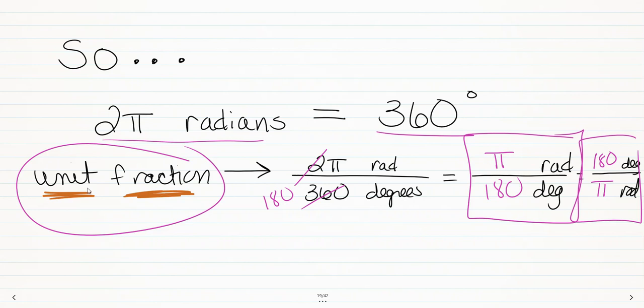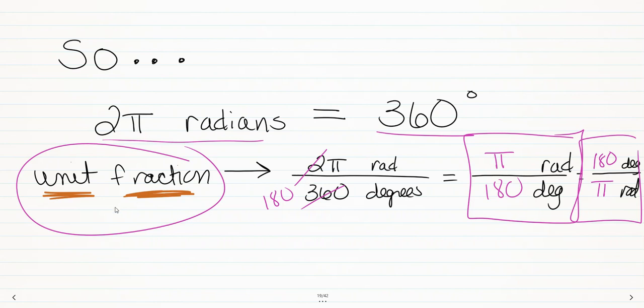So this fraction is equivalent to 1, and because 1 is a multiplicative identity, that means we could multiply this fraction times any number, and it doesn't change the identity or the value of that number. So that's what's so powerful about a unit fraction.